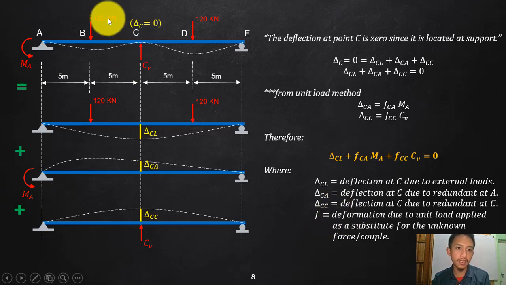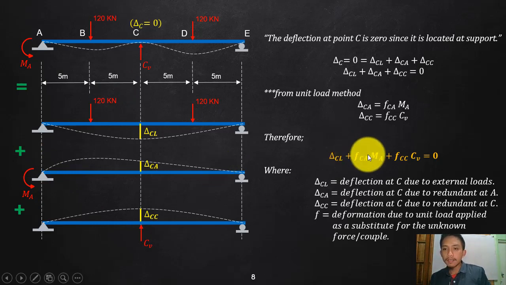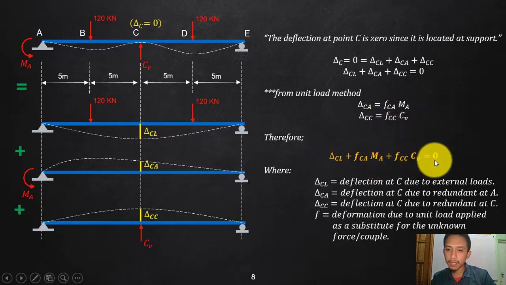Since the unit here is kilonewton meter, we will be applying a 1 kilonewton meter moment at point A. Okay? So again, instead of writing delta C sub A, delta C sub C, this will be the resulting substitution to that. Substitute that, and this will be my second compatibility equation.